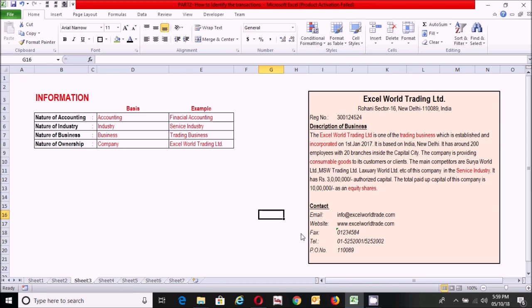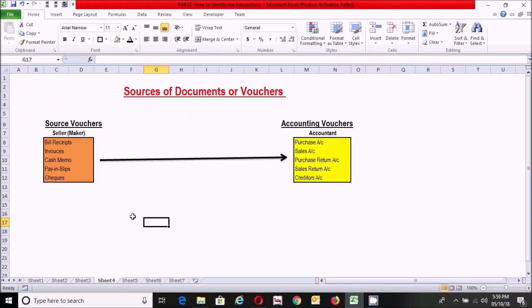Basically, there are two types of vouchers: source voucher and accounting voucher. The source voucher is prepared by the maker or seller, whereas the accounting voucher is prepared by an accountant. Source vouchers deal with the transaction, whereas accounting vouchers deal with recording the transaction from source vouchers.